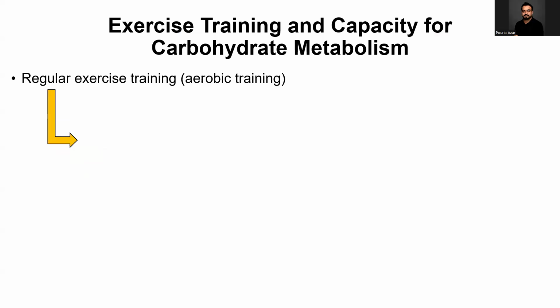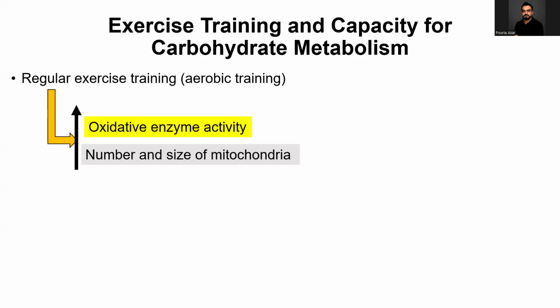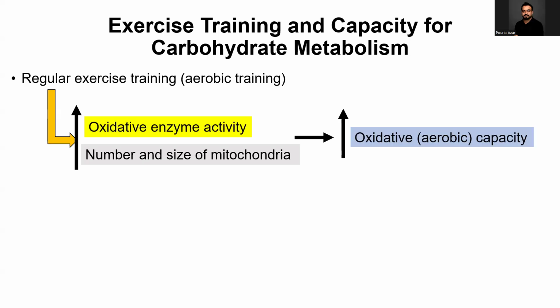Regular exercise training. When we train our muscles regularly, specifically aerobic training, which uses the oxidative system or aerobic system, we increase oxidative enzyme activity. We also increase the number and size of the mitochondria of muscle cells.